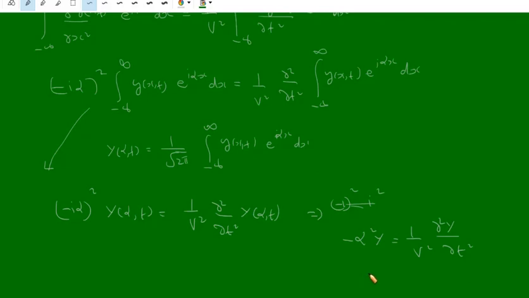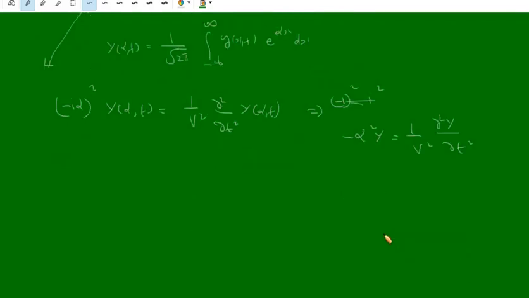Now this equation has only partial differentiation with respect to t, so I can rewrite it as an ordinary differential equation. That is, d square y by dt square plus alpha square v square y is equal to 0.